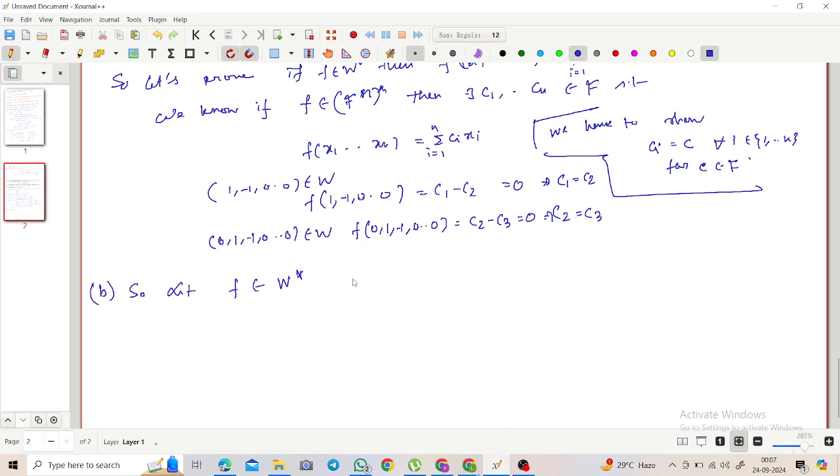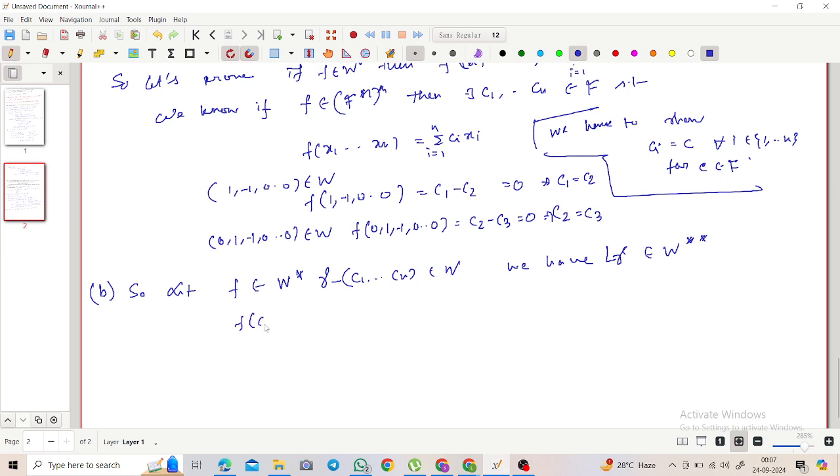So let c1 to cn be in W. Okay. So we have, let's call it gamma. We have L gamma in W star, right?